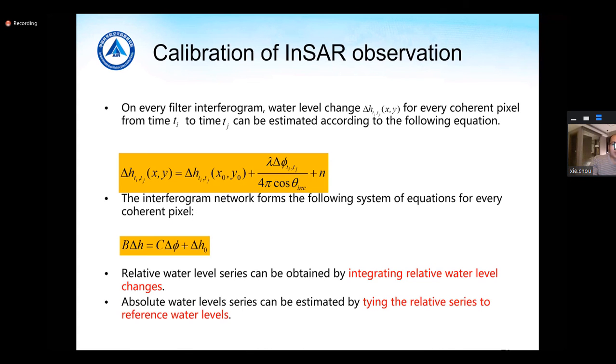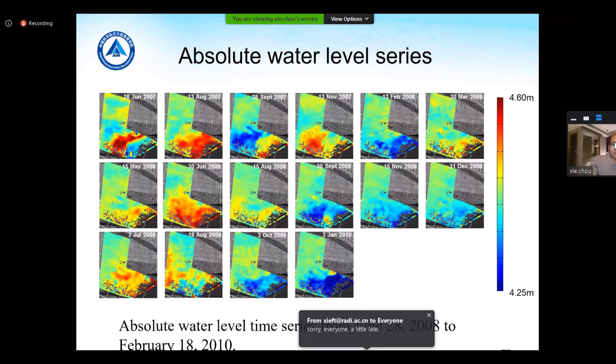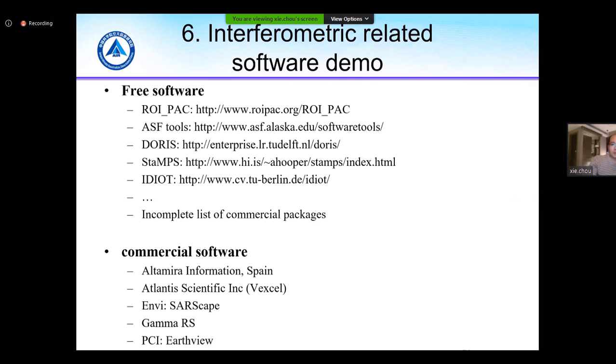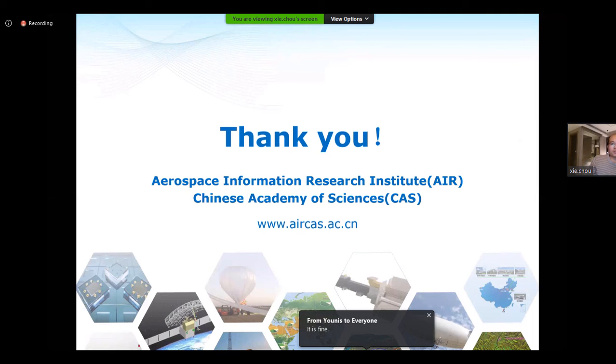Based on some assumptions, we can get the absolute water level changes. In the last slide, I would like to show you some free software and commercial software to do processing of the interferograms. So thanks for your attention.